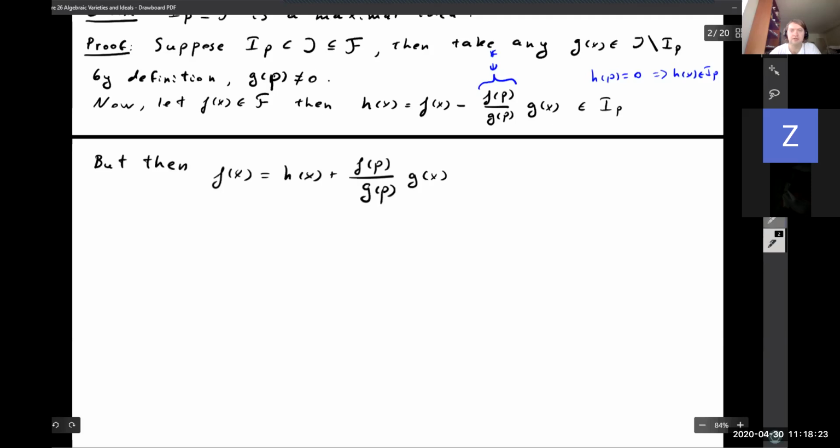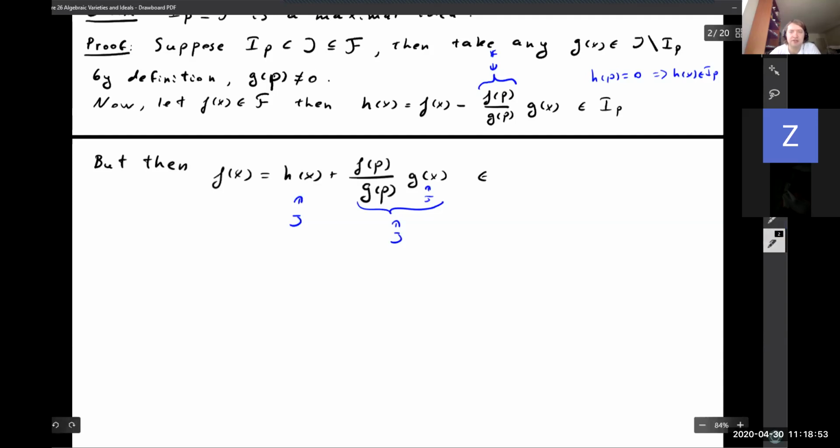This thing here, h of x, belongs to ideal J. Now this thing here also belongs to ideal J, because this is just some constant function multiplied by the function g in the ideal J. The product must still be in the ideal.